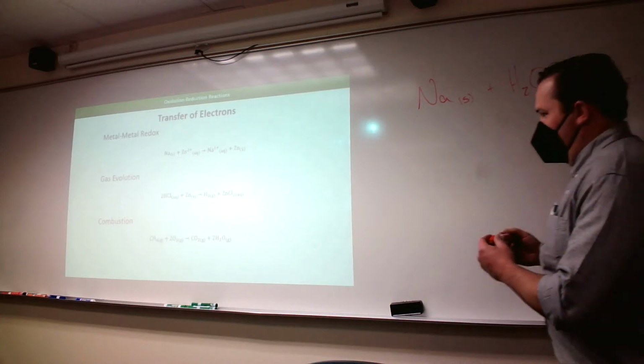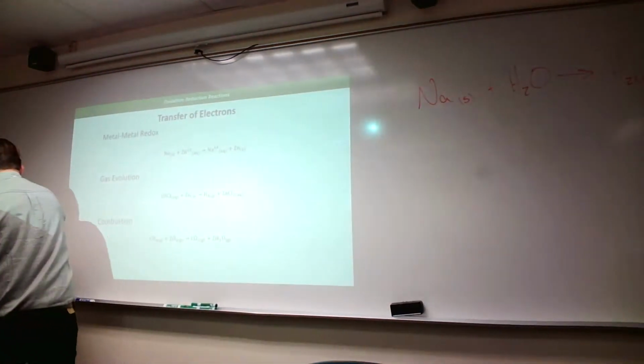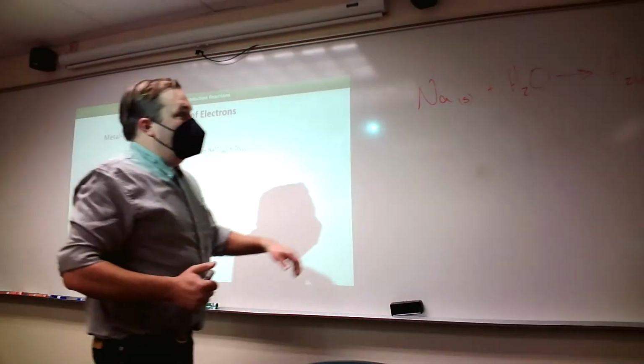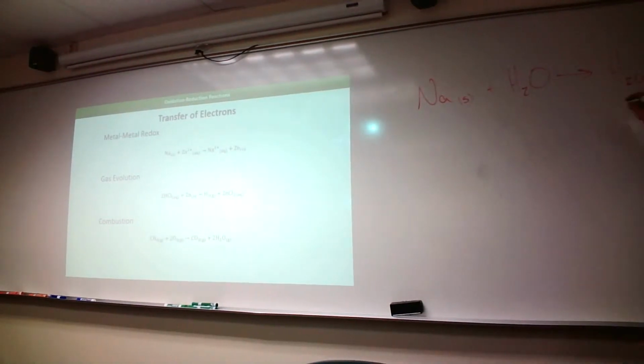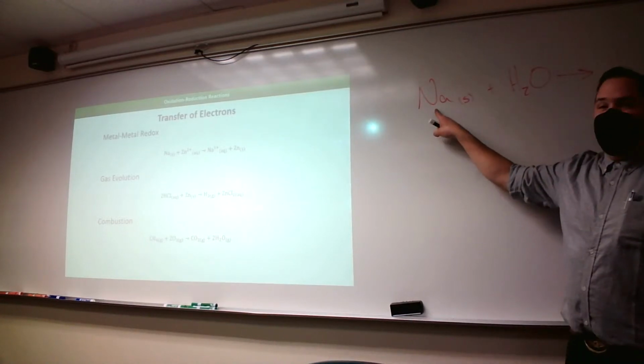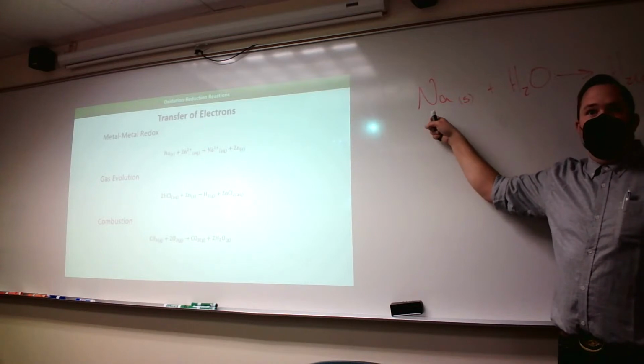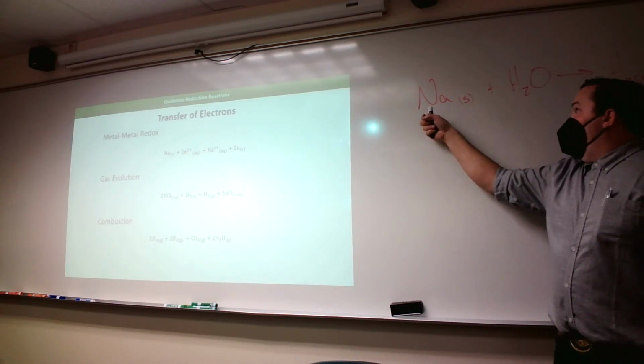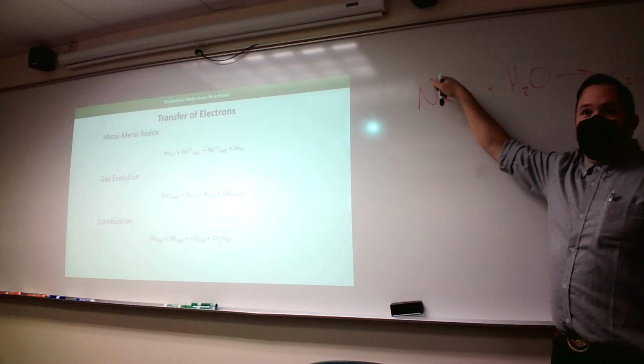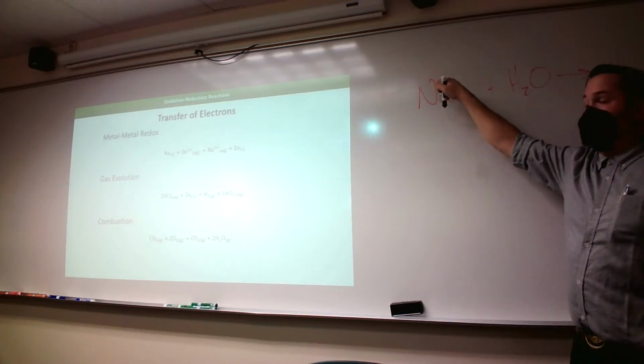And I realize this red is not the easiest to see, so I'll switch colors. Well, the second you look at the sodium, say, well, it's sodium all by itself here, so what's the charge have to be? Neutral. It's got to be neutral, right? Because sodium on its own, and I didn't write a charge there, so the sodium has a charge of 0.